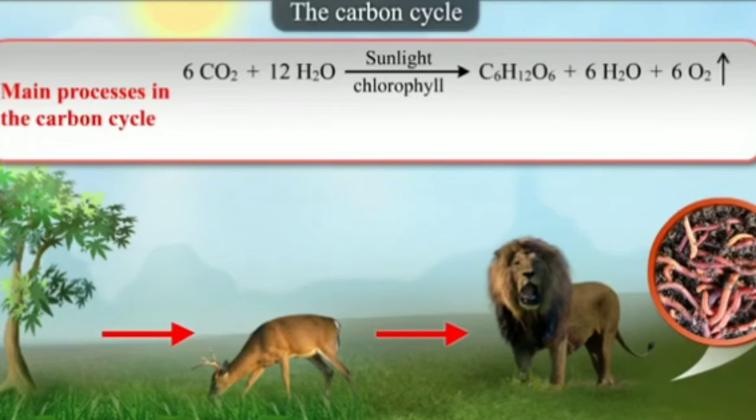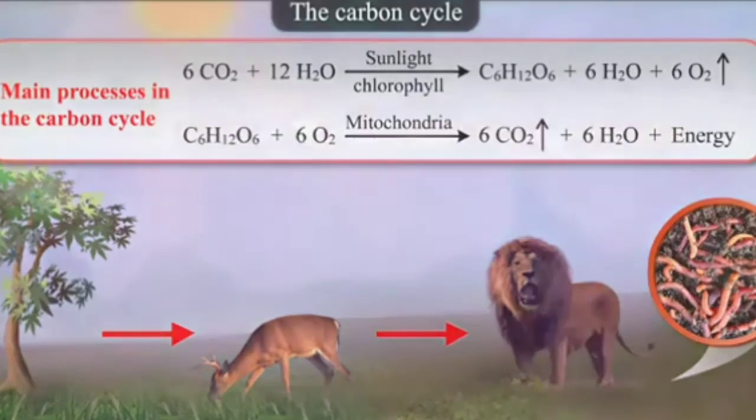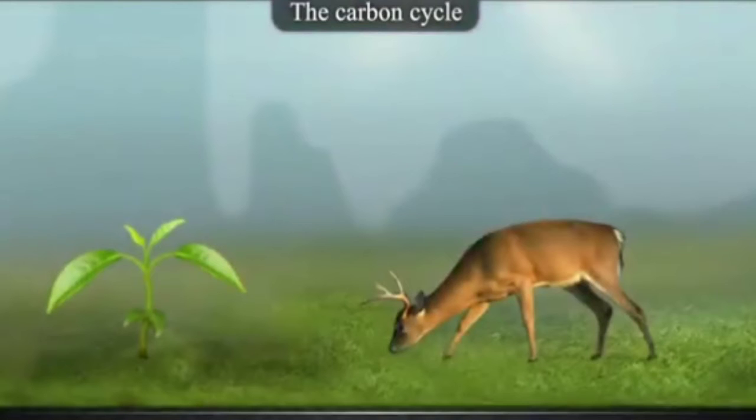That is, oxygen is released in the environment. So, this C6H12O6 plus 6O2, okay, when they break down in mitochondria of the cell, it gives us 6CO2, that is carbon dioxide gas is released, plus 6H2O plus energy is formed.